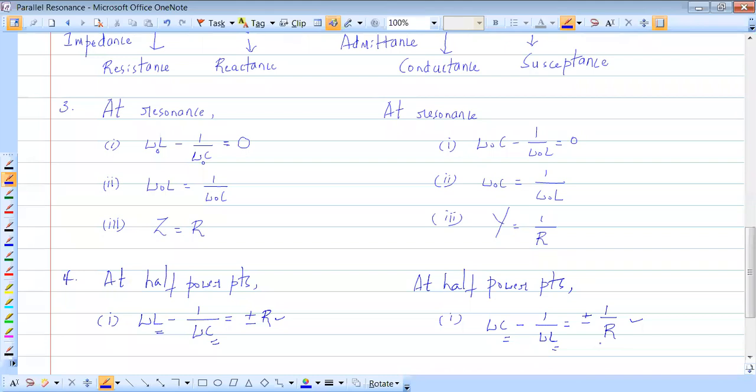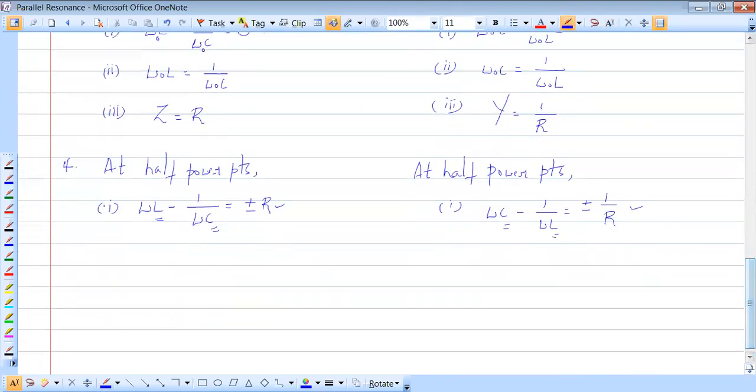And it's not only with these equations. We had derived an equation in series resonance circuit. Let me write that. We had derived the equation for omega 2. What was the equation for omega 2 there? It was R by 2L plus square root of R by 2L whole square plus 1 by LC.